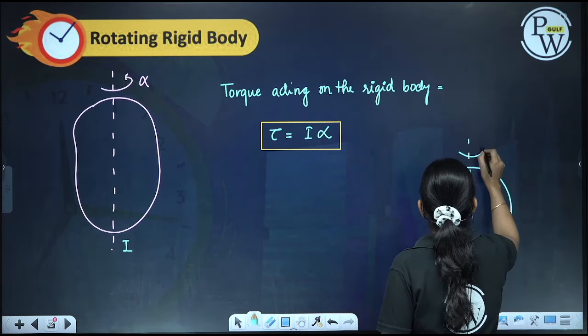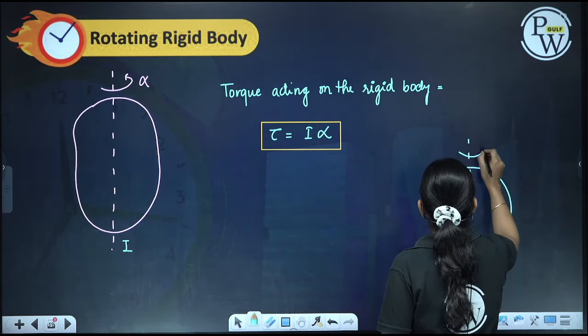Now the kinetic energy of the body, so rotational kinetic energy, is given by half I omega square. Okay, these are the rotational parameters.